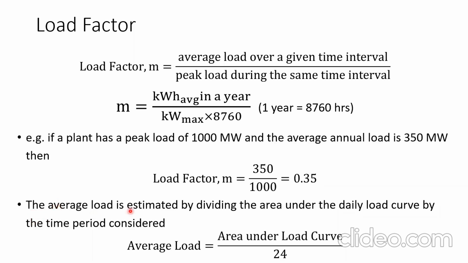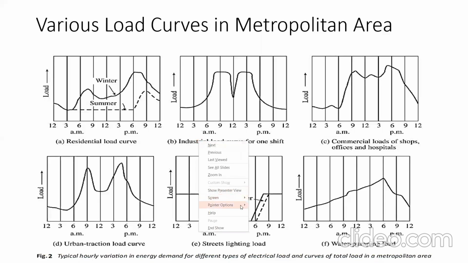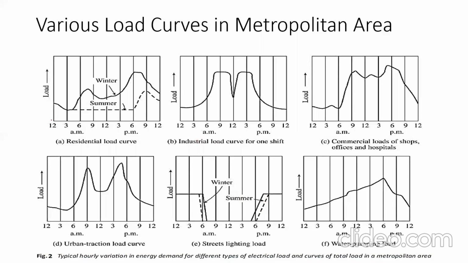The average load is estimated by dividing the area under the daily load curve by the time period considered. How can you calculate the average load? Obviously, area under the curve divided by 24. I will show you. Consider this is a load curve.